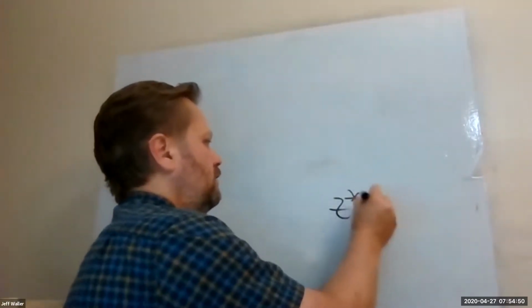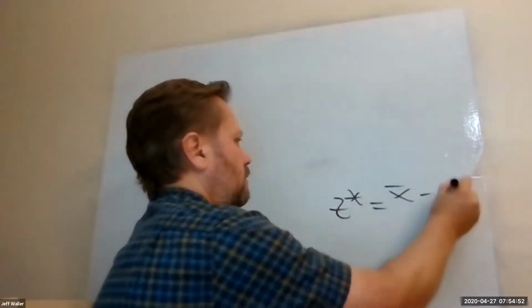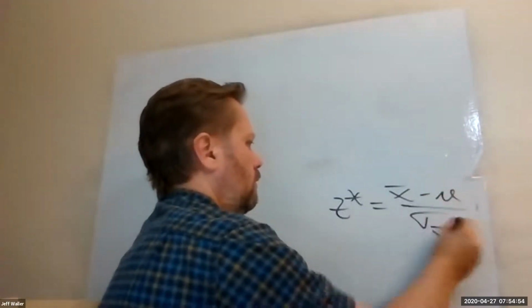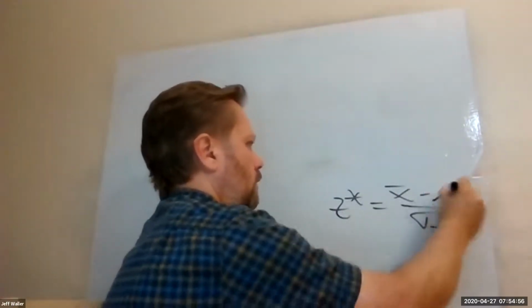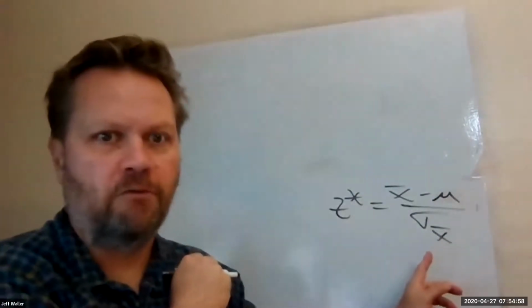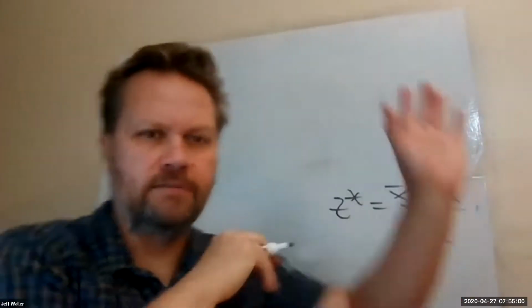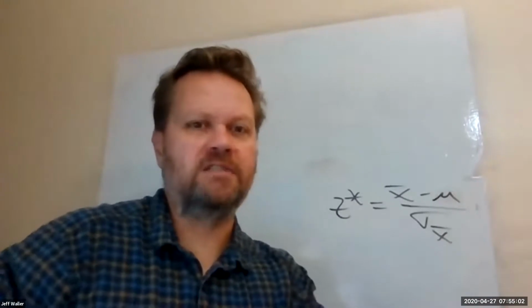The biggest thing that changes is the z-score formula. Because normally for means, the z-score formula is this. We've used that formula a dozen thousand times.